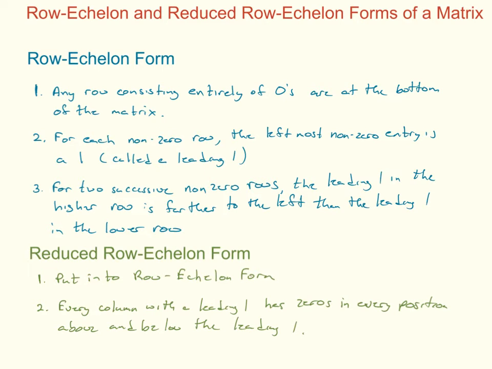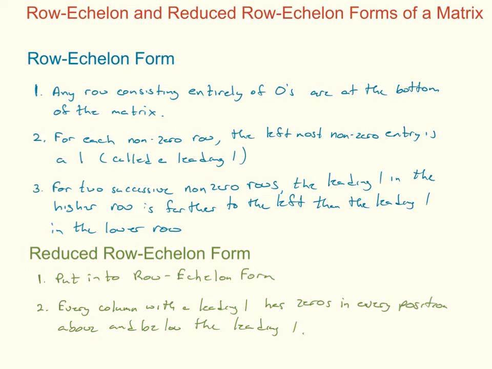Then for two successive non-zero rows, the leading 1 in the higher row is further to the left of the leading 1 in the lower row. In other words, this means that when I have a leading 1, all the elements below a leading 1 are going to be 0.